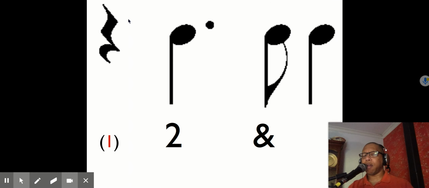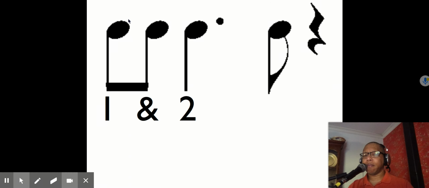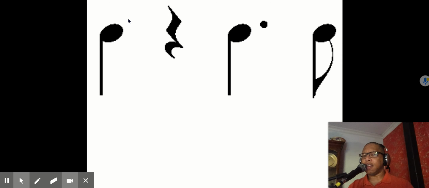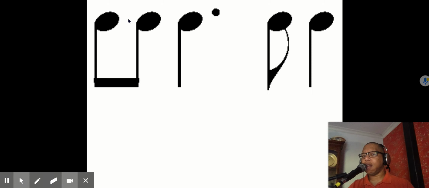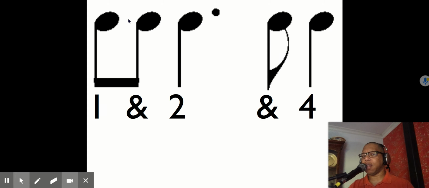So the thing to remember is that whenever you see the dotted quarter note rhythm, the dot always comes on the next beat after where the dotted quarter note actually starts. So see, it starts on one. That dot would actually be on beat two, and here's the end of two. Right here, the dotted quarter note starts on two. Guess what? That dot's on the next beat, which is three. That means that's the end of three.